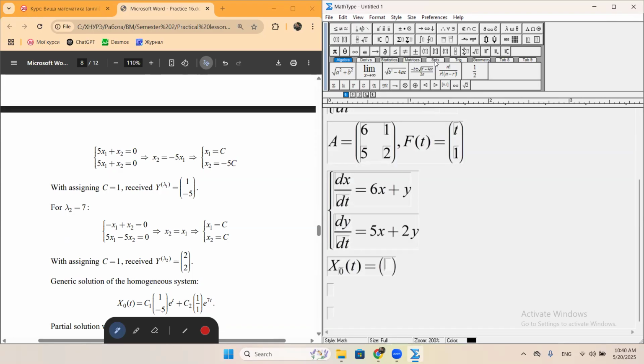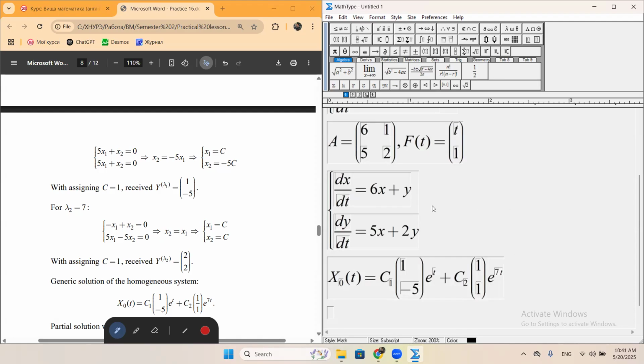So the general solution is C1 times the vector (1, -5) e to the power of t plus C2 times the vector (1, 1) e to the power of 7t.